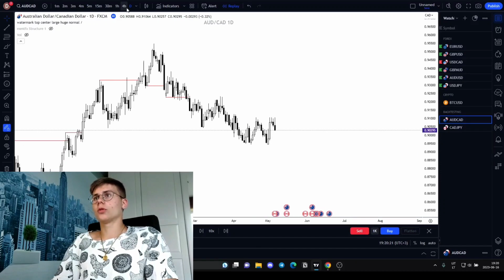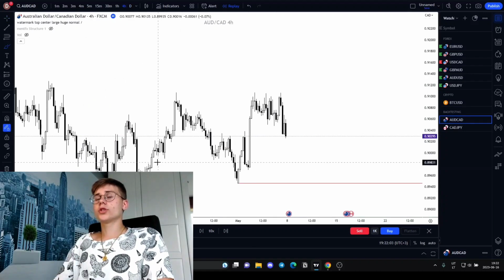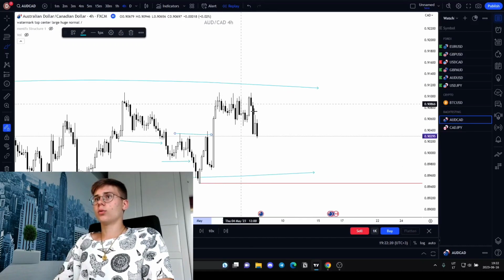So, going to the 4-hour time frame, we can also mark where the market could be targeting. The 4-hour is not that clear because we are going kind of sideways, because we had a down break, another down break, then a bullish break, and now we are probably targeting this low.